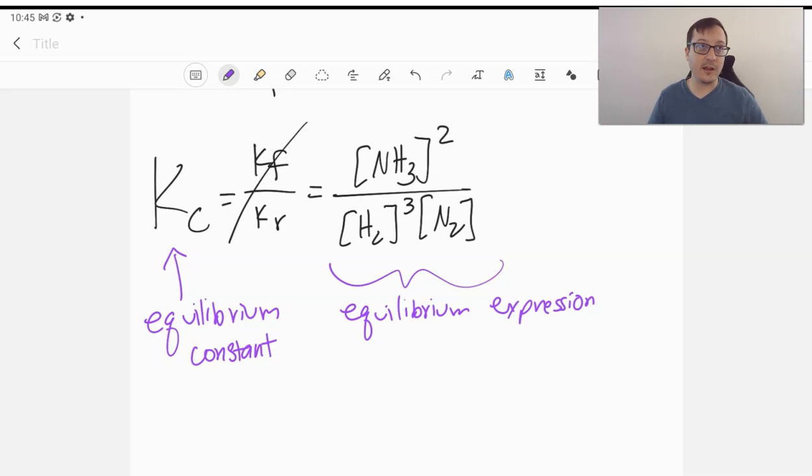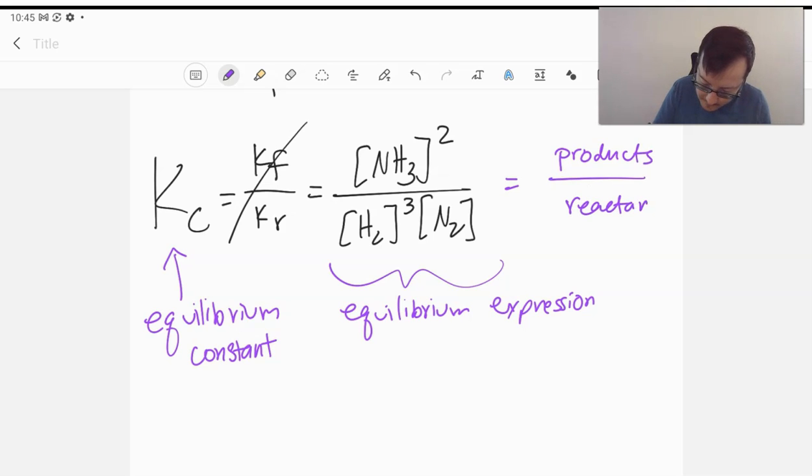In this particular example, it's related to the concentrations. We'll see we'll have another K for pressure. But suffice it to say, if we take a look at what we've established here, this equilibrium expression, we'll see that this is really our products over our reactants, raised to their individual powers according to our chemical equation.